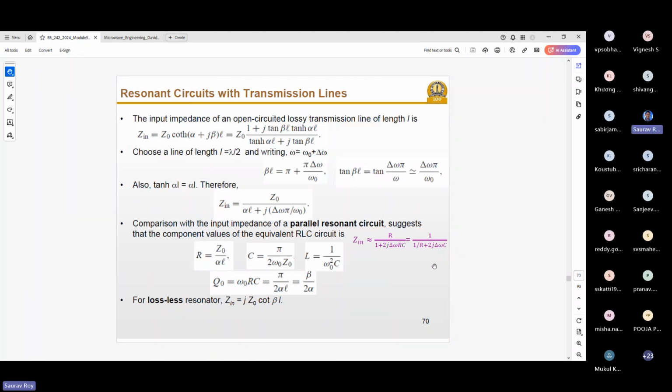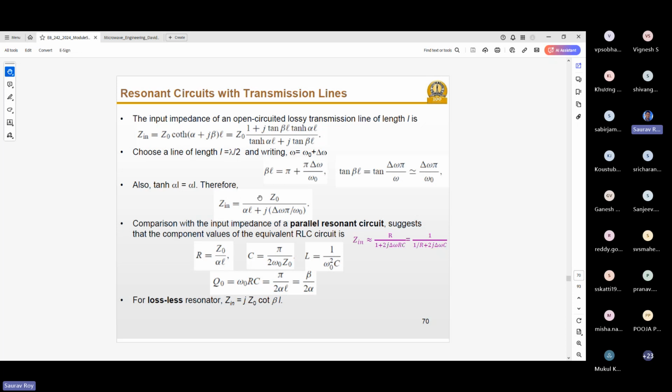So what we are saying is, if we take a microstrip line section of length lambda by 2, which is open circuited, lossy or lossless, both are okay, but the main characteristics are length lambda by 2 and open circuit, then it behaves like a parallel resonant circuit. Then you can calculate the R, L, C values and the equivalent Q values.